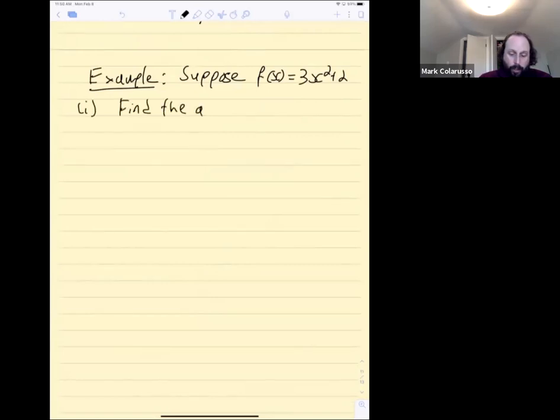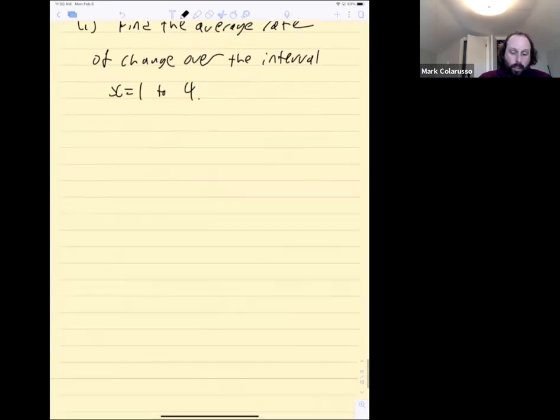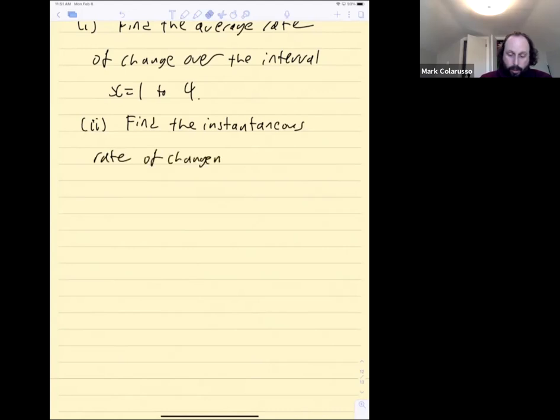First, find the average rate of change over the interval x equals 1 to 4. And the second thing is find the instantaneous rate of change when x equals 4.